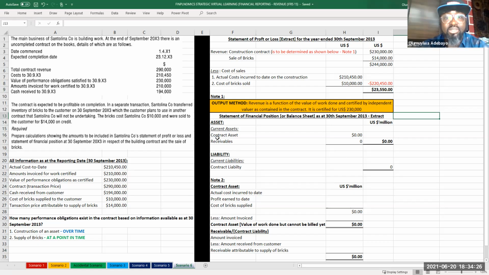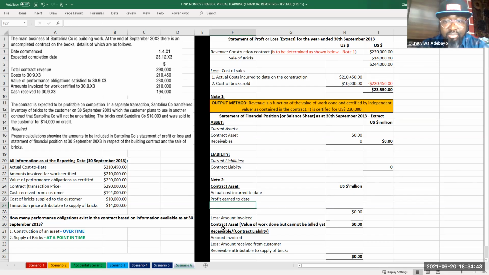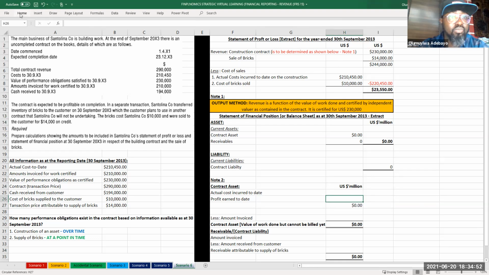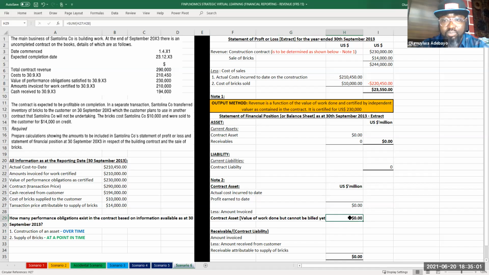Okay, the next thing is to determine contract assets. My contract asset is my actual cost. Let me take this out so that I don't mix construction contract with any other thing involved. Now, what is my actual cost to date?